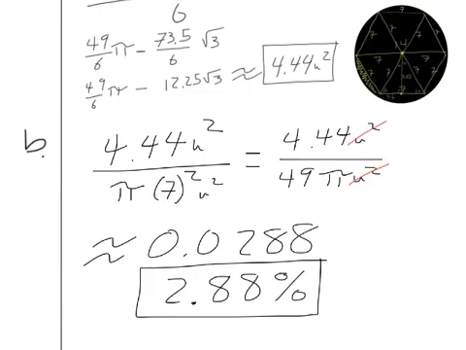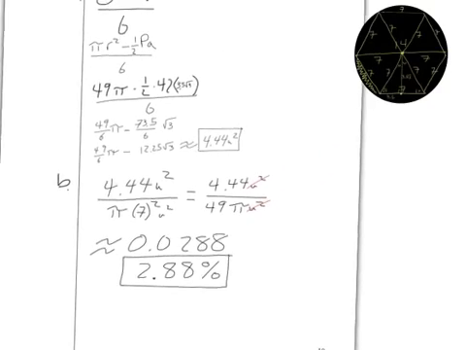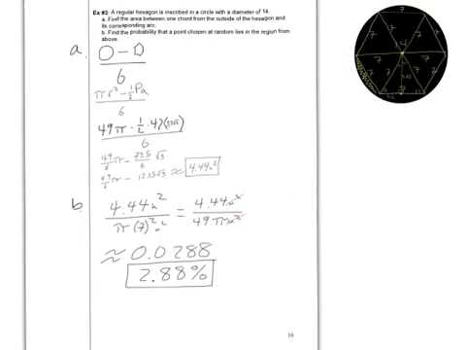There you go. That is how you'll find the probability of hitting that little section. So the main thing that we got to learn or remember is that it's just target area over the total area. And that'll give us the probability. All right, see you guys on the next video.